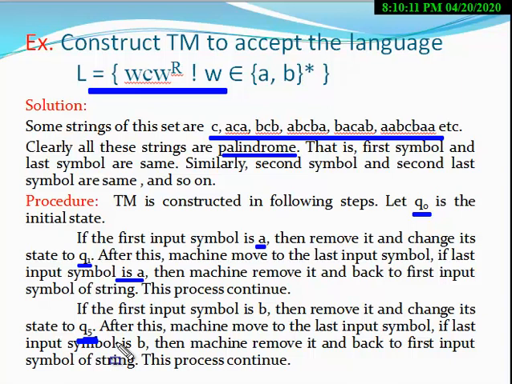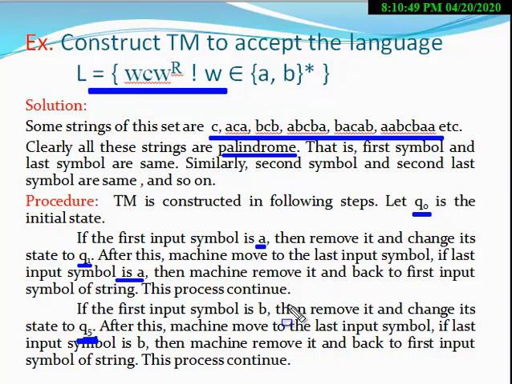When all the strings before C are eliminated or removed, then at the state Q0, when tape symbol C appears, the machine moves to the right direction and changes its state again. If there is no input string after C, in this situation the machine goes to the final state.